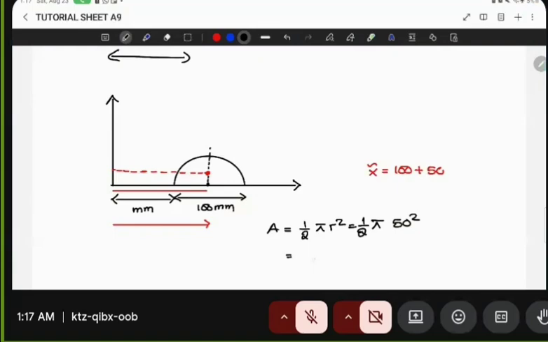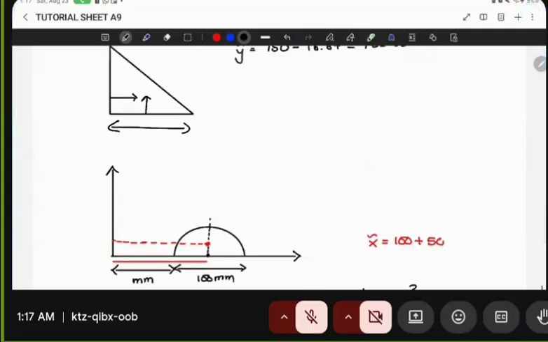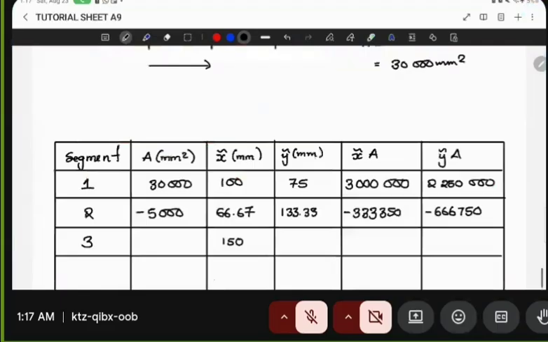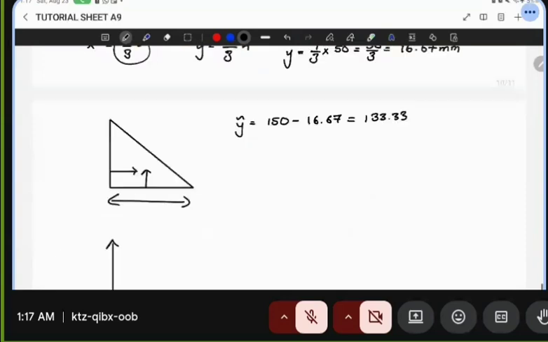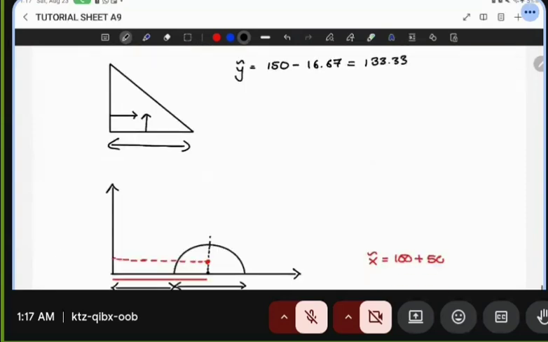That will be 3926.99. So let's just say 3927, right? But remember that area is being cut out, so you have to insert it with a negative. Do you get it? Yes.